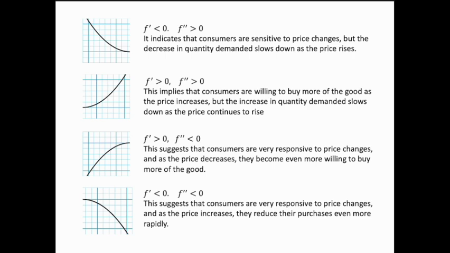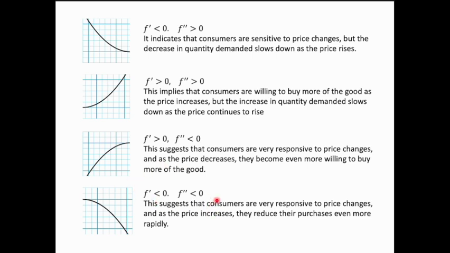Now, the next scenario is where you have the first derivative is positive and the second derivative is negative. This is where the quantity of demand increases as the price increases, but it increases more slowly over time. So this usually happens when we're trying to buy essential goods from products in highly competitive markets.